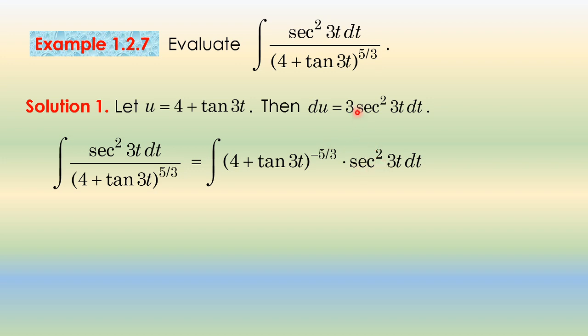Unfortunately, again, there is a missing quantity, which is a constant. Now, take note that if the missing quantity to complete the du is not constant, containing a variable, we cannot introduce a quantity with a variable inside and then balance it by its reciprocal outside. Only a constant is allowed.